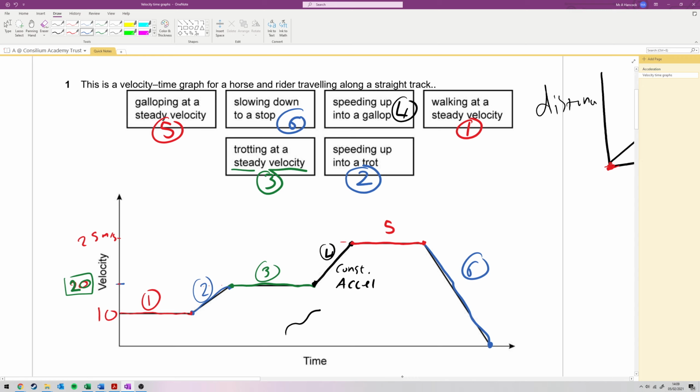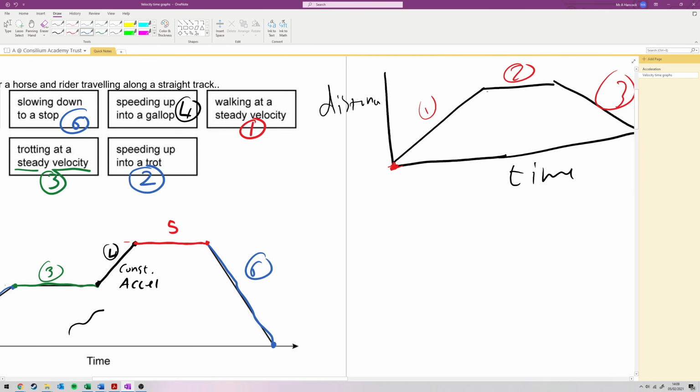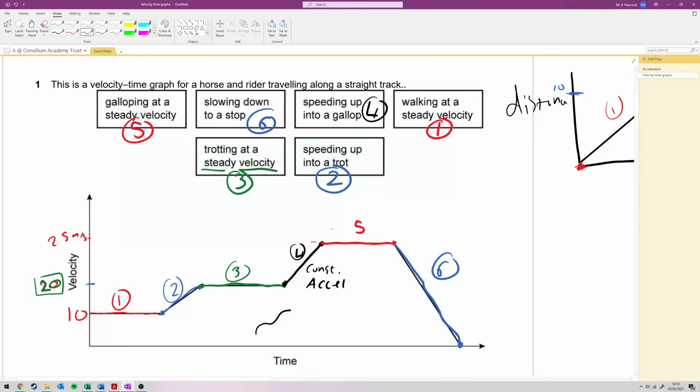Notice how this is different from the distance time graphs. Because if it was flat on a distance time graph, so here the distance, let's say, is 10, they are stood still if the distance stays at 10. And they are only moving if the distance changes. Now, velocity time graphs, you have to be able to understand the difference between the two and make sure you read which type of graph it is.